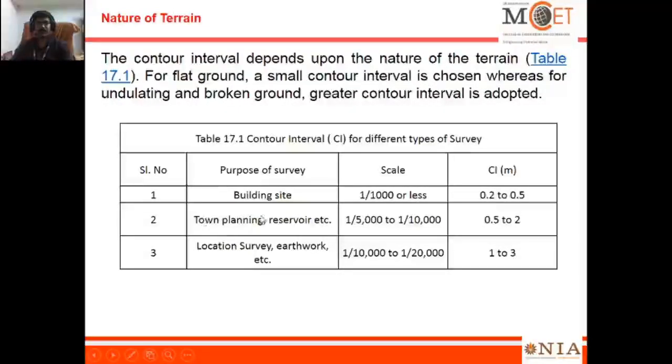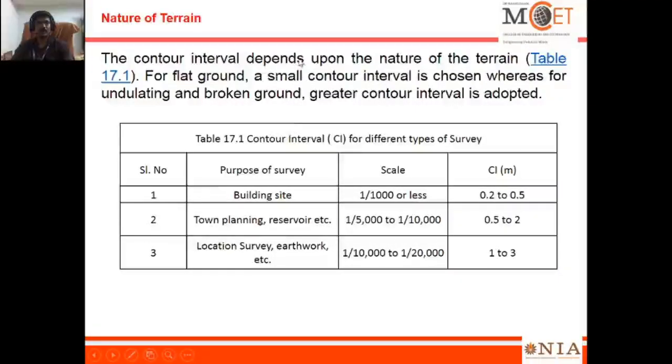If it is for town planning, which is bigger than this, or a reservoir, the scale varies from 1 in 5000 to 1 in 10,000, and the contour interval can be maintained from 0.5 to 2 meters. Or to locate the survey location, earthwork, etc., the scale can go from 1 in 10,000 to 1 in 20,000, and the contour interval we can maintain is 1 to 3 meters.